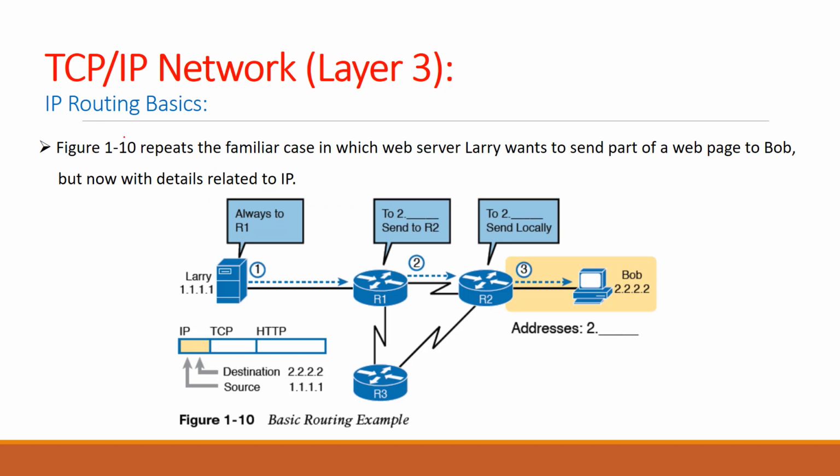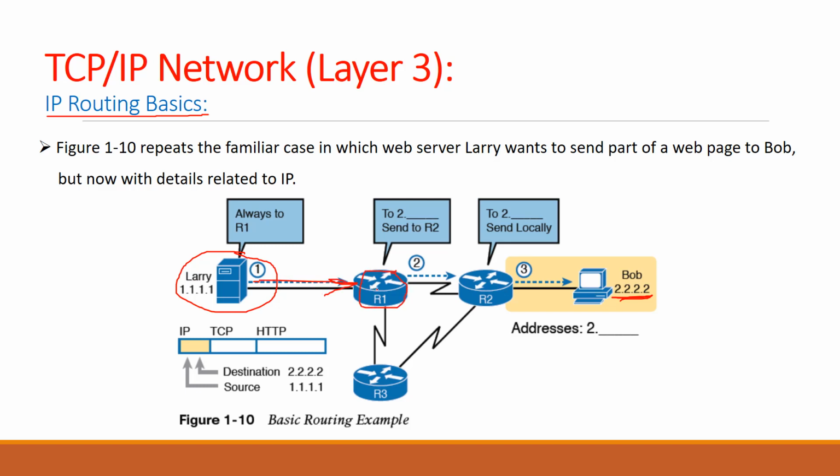Here also, we discussed the IP routing basics. When the Larry server needs to communicate with Bob on a different network, as step one, it decides to send to R1.